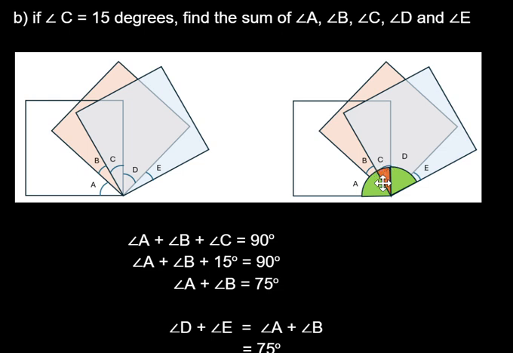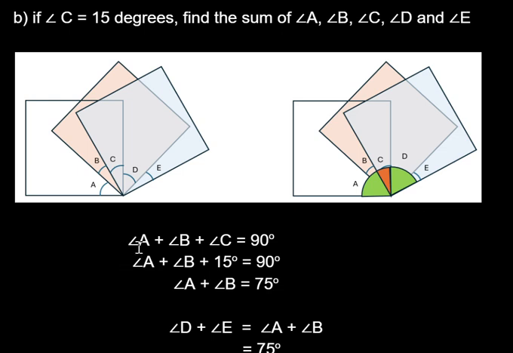Straight away, using the white and the blue angle, you realize that angle A plus B plus C is 90 degrees. Similarly, angle C plus D plus E is also 90 degrees.